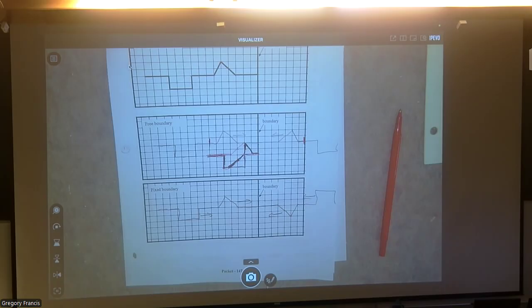It's 7 seconds. That's what the question says, at 7 seconds. I counted 7 squares over because we're told in the problem that we're supposed to draw the pulse 7 seconds later. We're told that it's moving 1 square per second. So I counted 7 squares over back here.